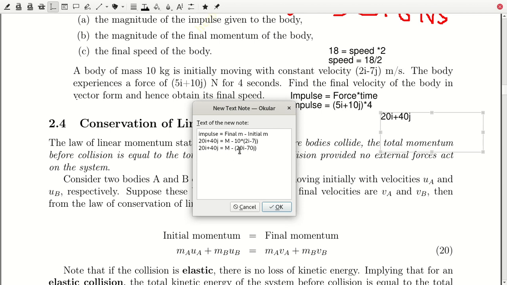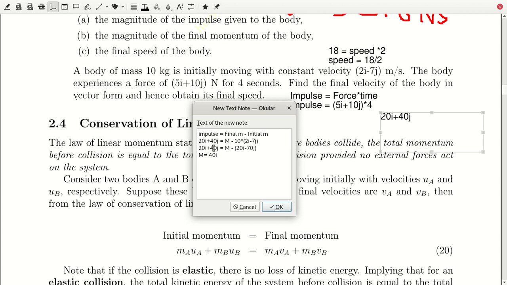So if you make M the subject, M will be given by 20, this 20 minus or plus. It will be 20 plus 20, it will be 40I.